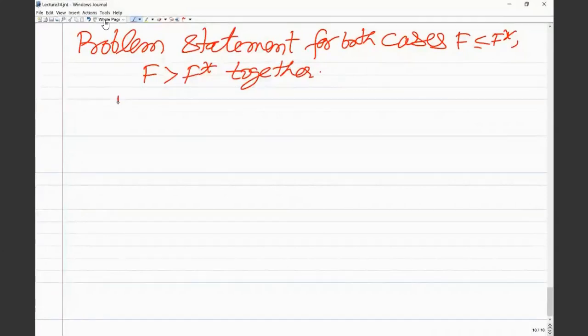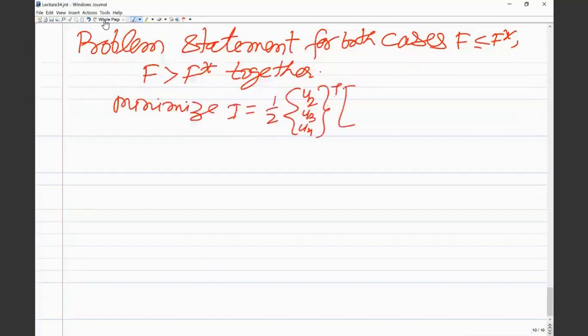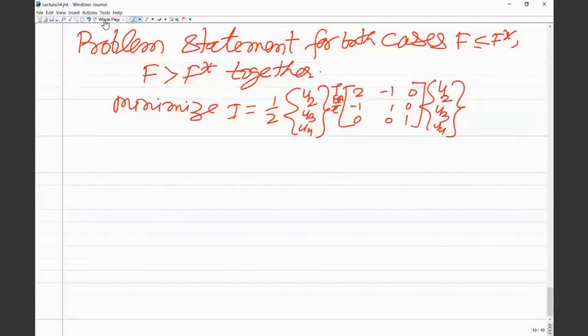Because we are going to write the total potential energy, we are going to minimize subject to the inequality constraint. So this problem again can be stated as minimize this total potential energy functional I, which is half of U2, U3, U4 transpose into, A by L you can take outside, so 2 minus 1 0 and minus 1 1 0 0 0 1 into U2, U3, U4, minus U2, U3, U4 transpose into force vector F 0 0.